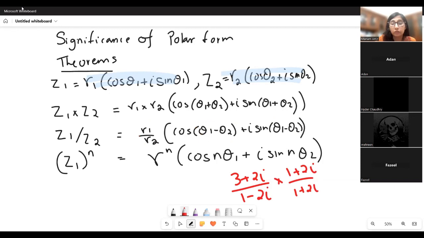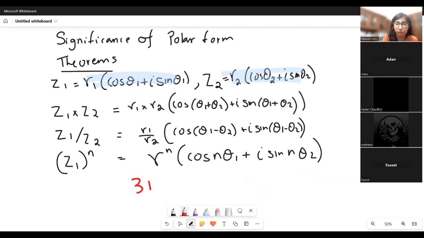And similarly, to give a particular power to the complex number, for example, if the value is (3 plus 2 iota) to the power 5, how would you do this in regular format? Would you write 5 brackets, 3 plus 2i, 3 plus 2i, 3 plus 2i, 3 plus 2i, and then start multiplying them? That would be way too time consuming.